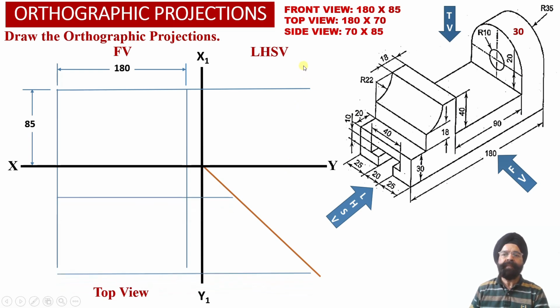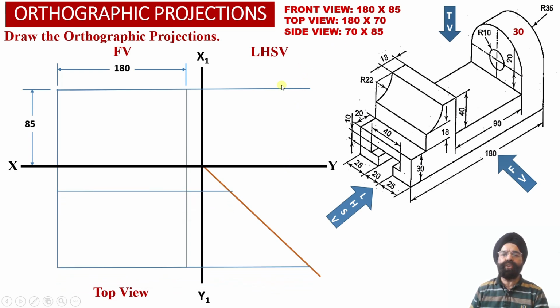Next we have got the depth of the solid into the top view projection. So now we know that the dimensions of the top view face happen to be 180 millimeter width of the solid and 70 millimeter depth of the solid.